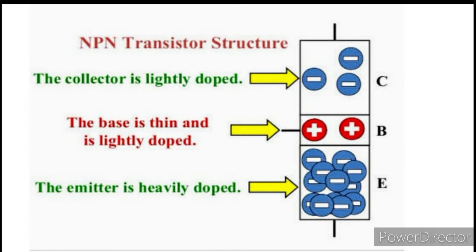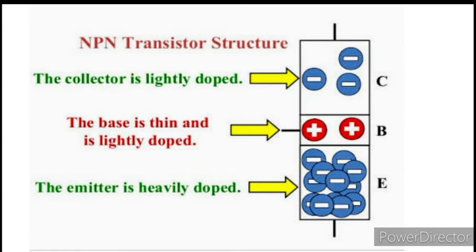The base is thin and lightly doped, and the emitter is heavily doped. In N-type material, electrons are majority carriers. In P-type material, holes are majority carriers, and in the emitter terminal, electrons are majority carriers.